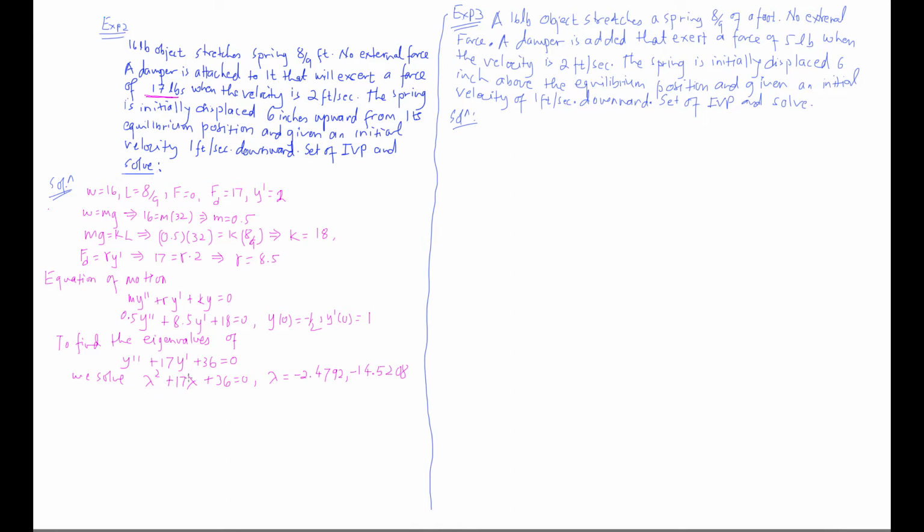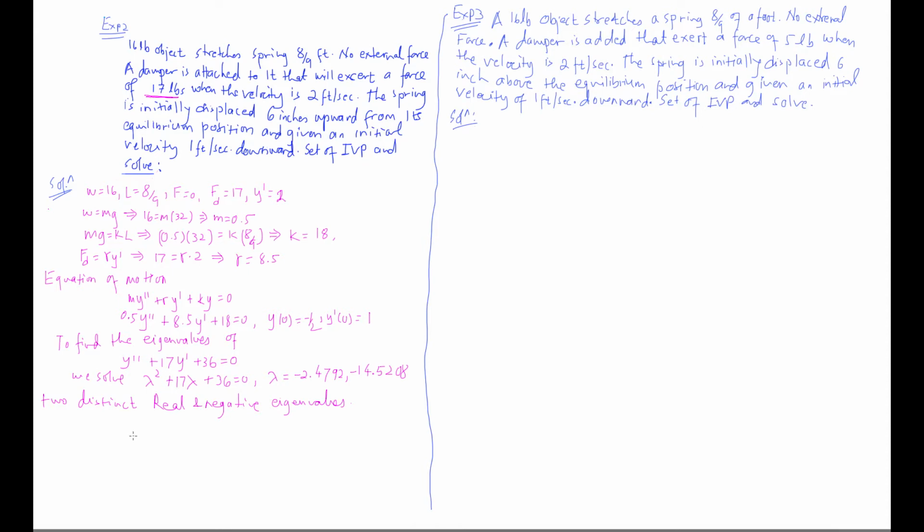Okay, so here we got two distinct, real and negative eigenvalues, right? So when the eigenvalues are negative, the motion will go to zero, right?